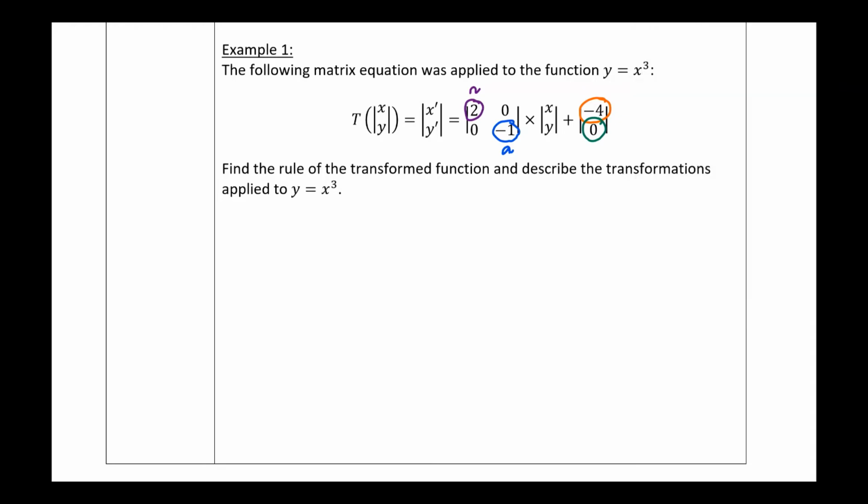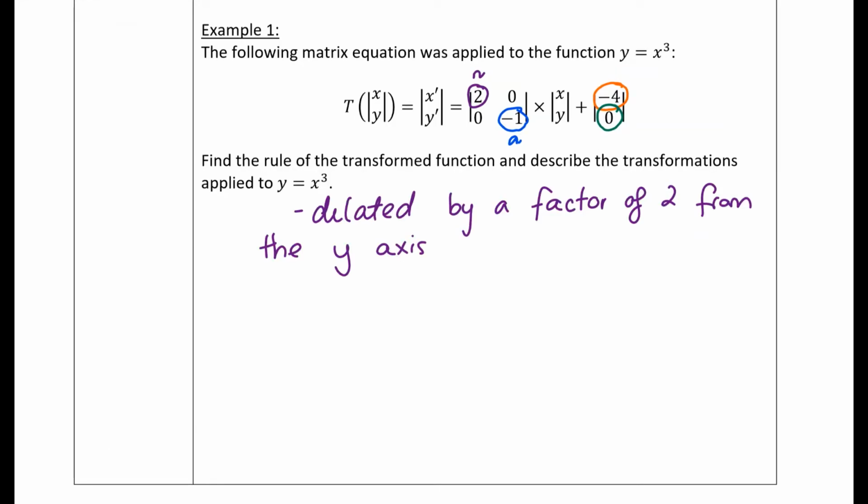It's a 2, I don't have to worry about taking its reciprocal, and so I'd say this has been dilated by a factor of 2 from the y-axis. We can see that A is a -1, and so we describe this as a reflection about the x-axis.